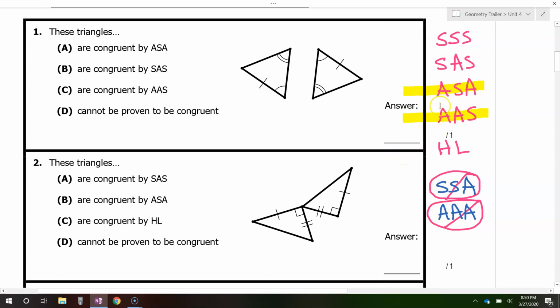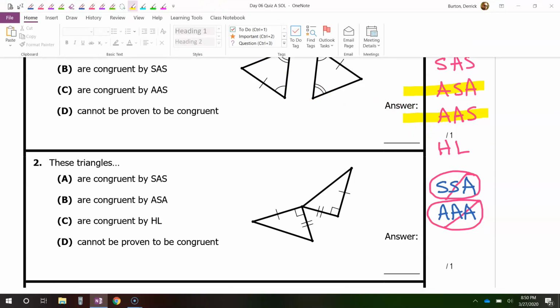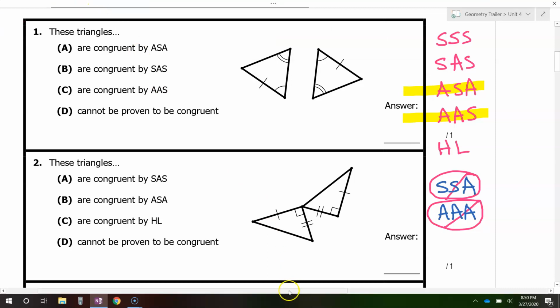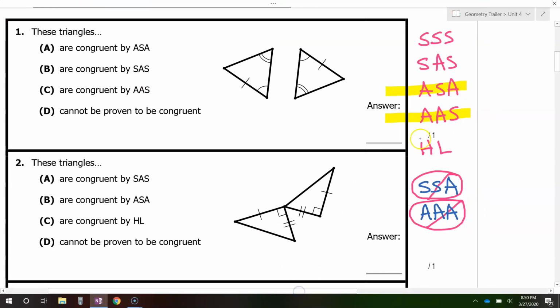So it's going to be one of these 2 answers. When it comes down to these 2 choices, the way you know which one it is by using the word between. Look at this first option, angle, side, angle. See how the S is between the 2 A's? That means that the side has to be between the 2 angles.